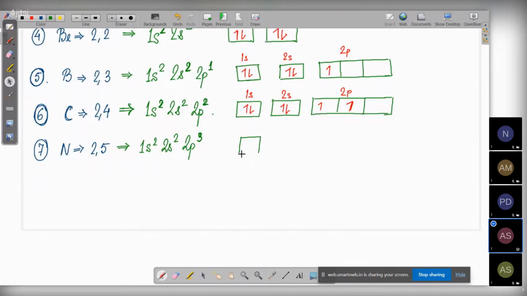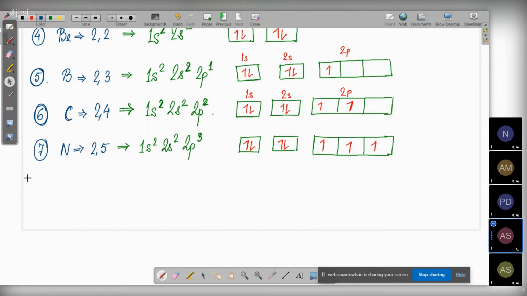First box 1s, then 2s. So there are 3 electrons in 2p: 1 electron, 2 electron, 3 electron, because according to Hund's rule, first single occupancy of the orbitals will happen. So that is why we get this.